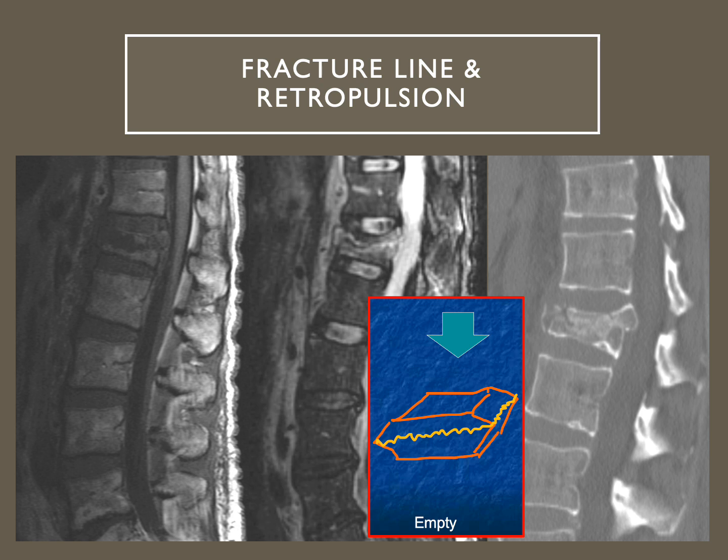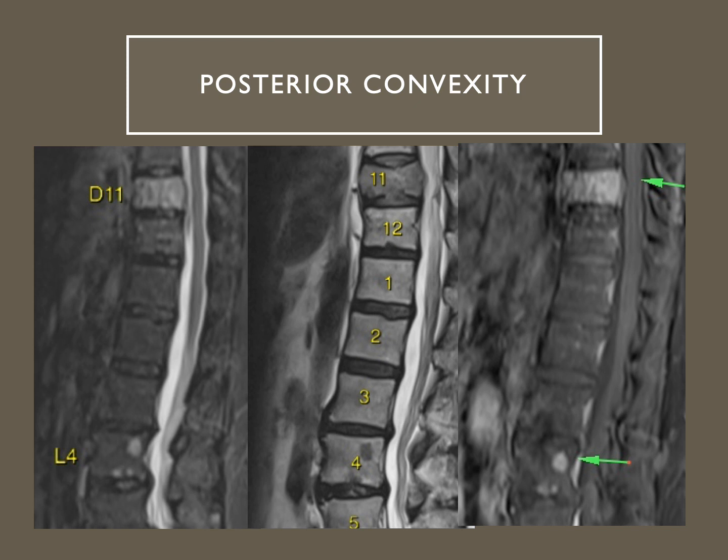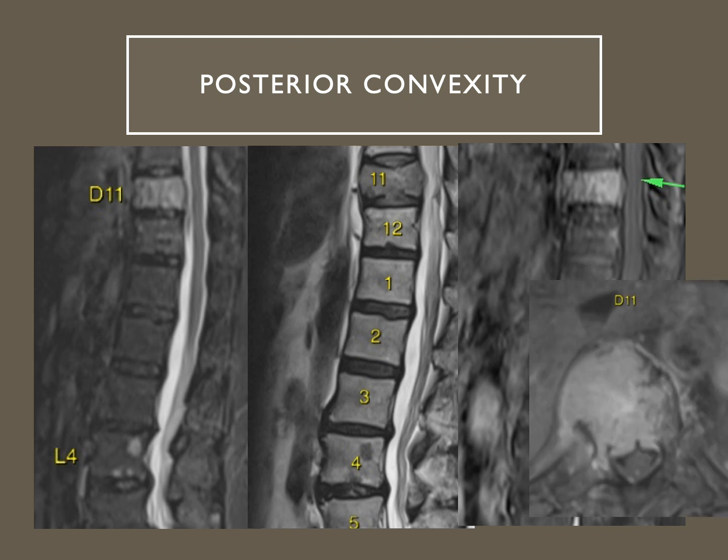So this is what happens. You actually load on the box. You can see the fracture line really clearly, so there's the fracture line on the T2 weighted images. And you can also see retropulsion of the posterior superior end plate. This is pretty typical and classic for an osteoporotic compression fracture. On the other hand, in somebody who's got a malignant fracture, you can see here in the T11 vertebral body that the vertebral body is slightly collapsed centrally, but there's bulging of the posterior margin. This is because the vertebral body, as you can see on the axial image, is almost completely filled by tumor tissue.